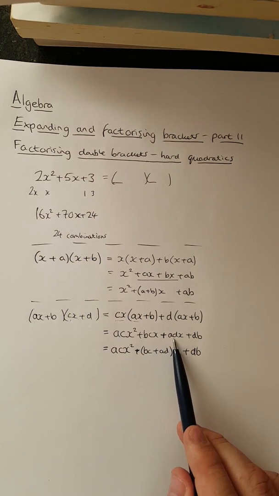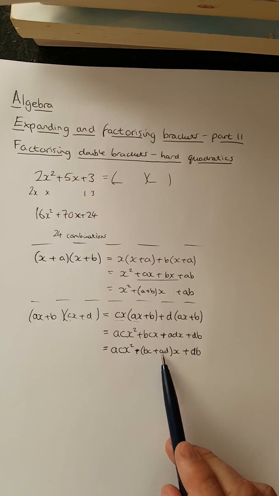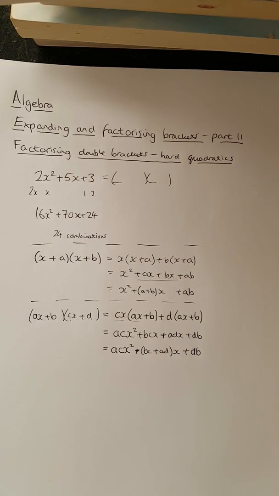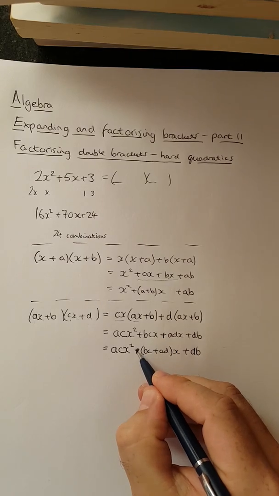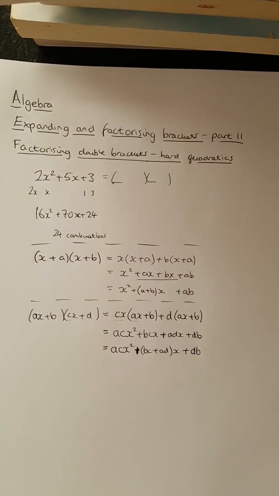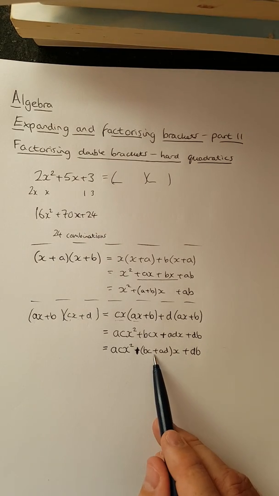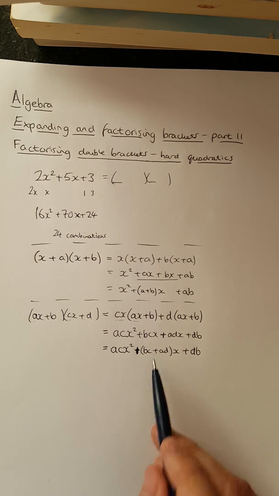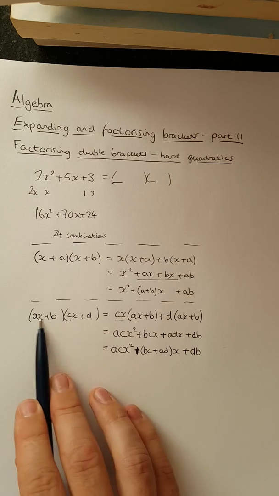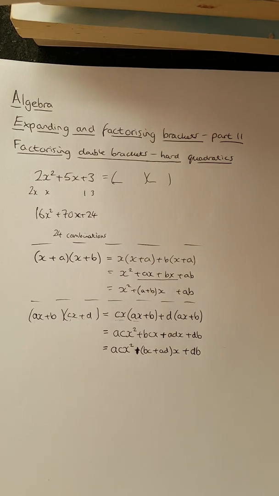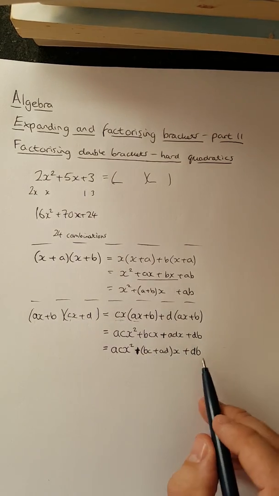If this was 3 and this was 5, you'd get 8 here. So, how do we make this work? The middle number? Well, that's this pair and this pair added. That's a bit hard to work out.